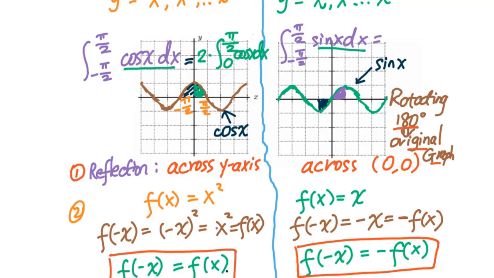The first part is a continuous positive function. So suppose this one is positive a, then this part will be negative a. So we add them together and it will be 0.